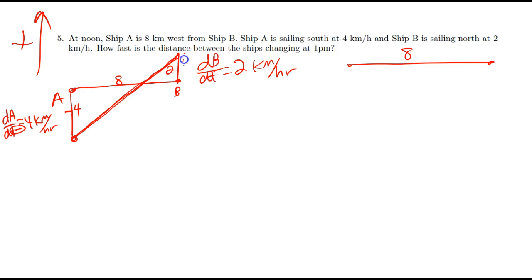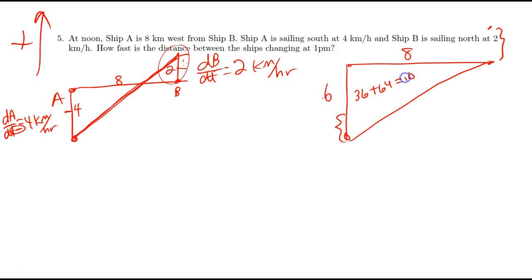If I took 2 this way and 2 this way, so I ended up with 6, that'll allow me to get the value of D. I just shifted the line down 2 there and 2 there. Distance is always positive, so 36 plus 64 equals 100. So the value of D at this point is 10. D is 10, but what we want is how the derivative is changing with respect to time.